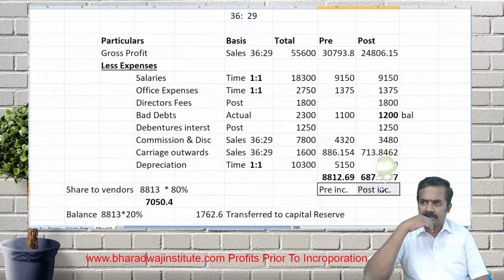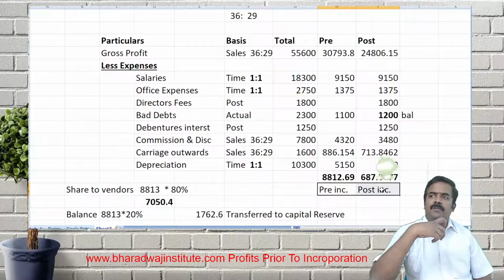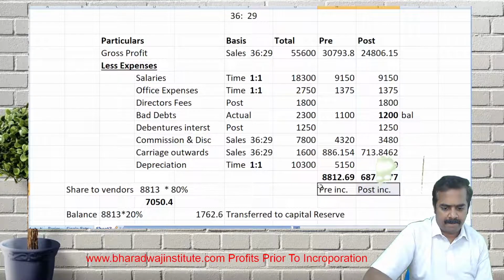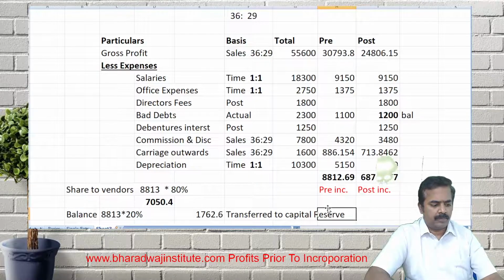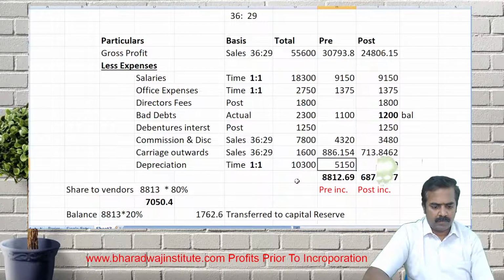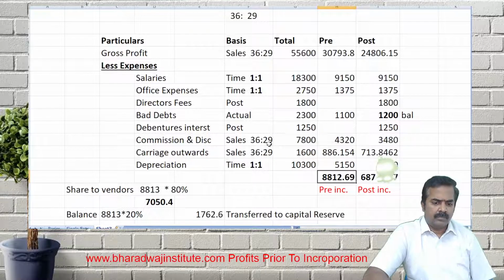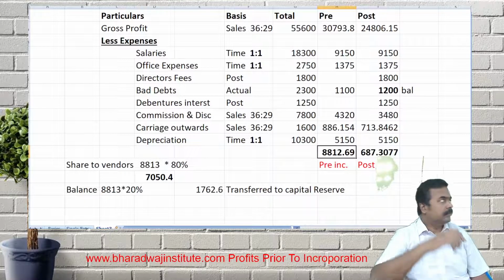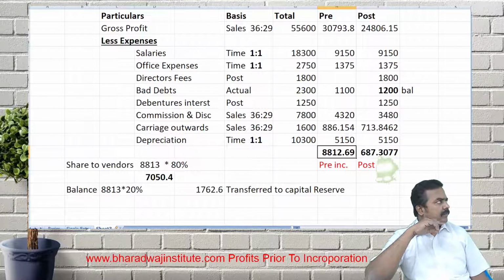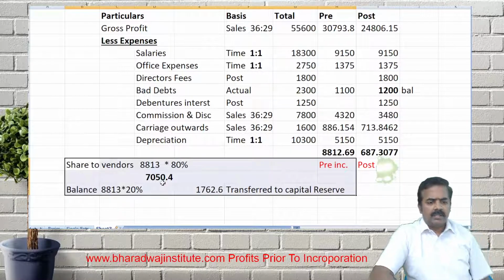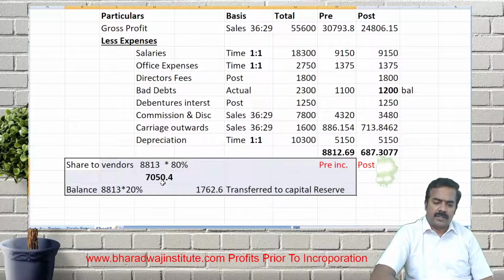AS 14 is discussed in detail, what should be taken as goodwill and why. 80% is shared to vendors, remaining 20% is transferred to capital reserve.